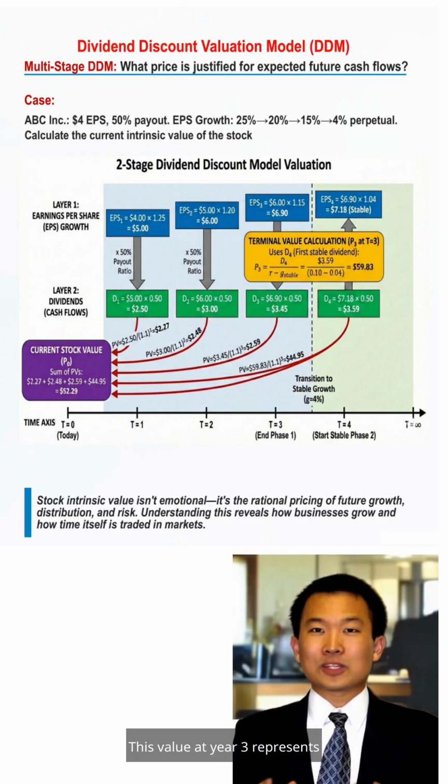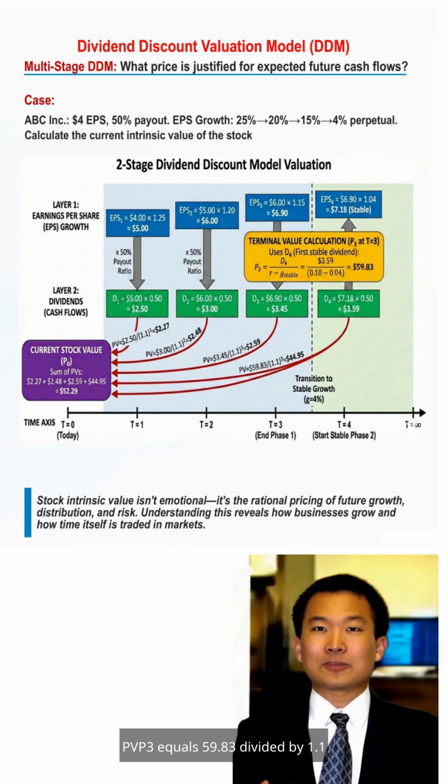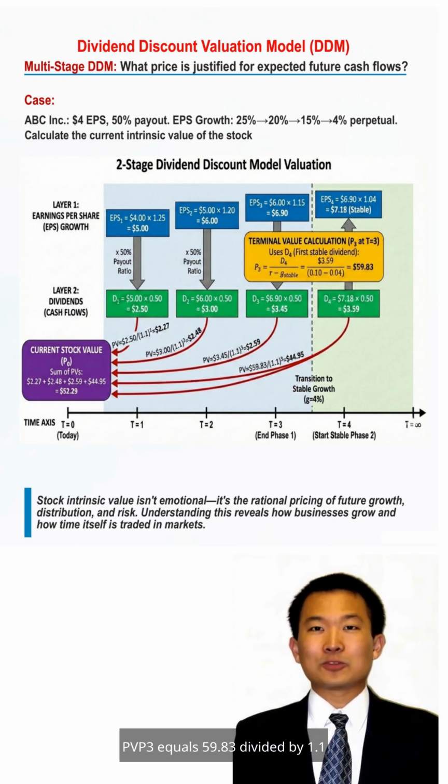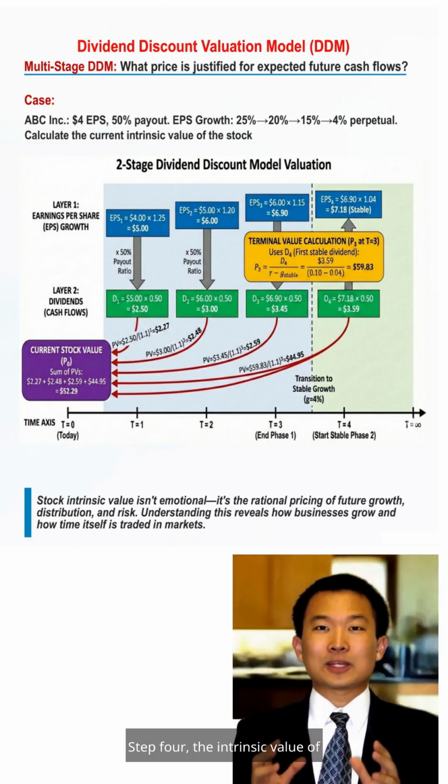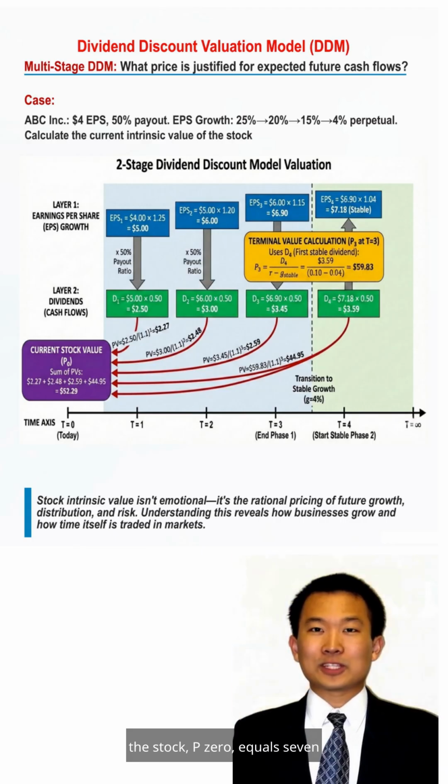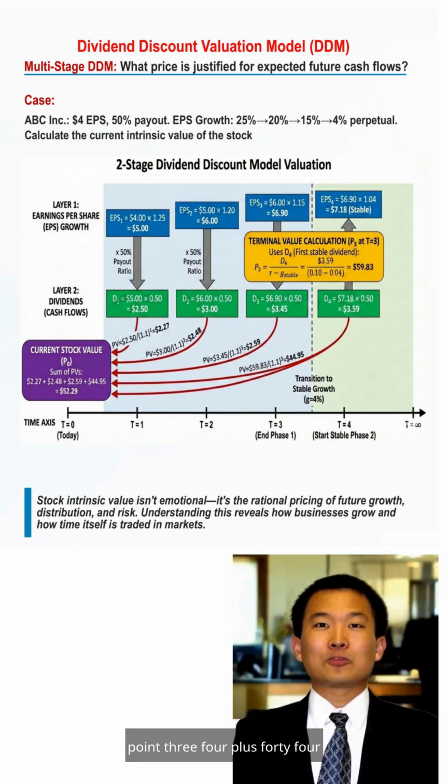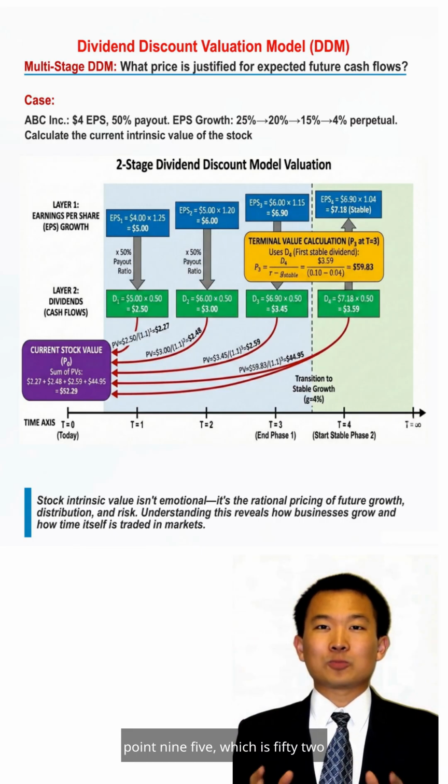This value at year 3 represents future cash flows. PVP3 equals 59.83 divided by 1.1 cubed, which equals 44.95. Step 4, the intrinsic value of the stock, P0, equals 7.34 plus 44.95, which is 52.29.